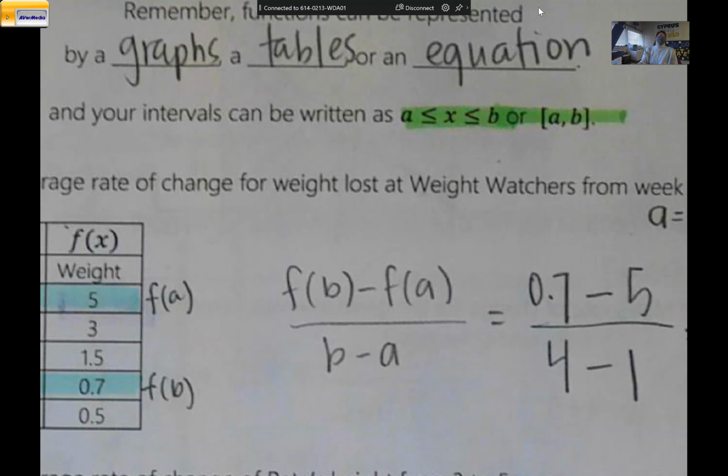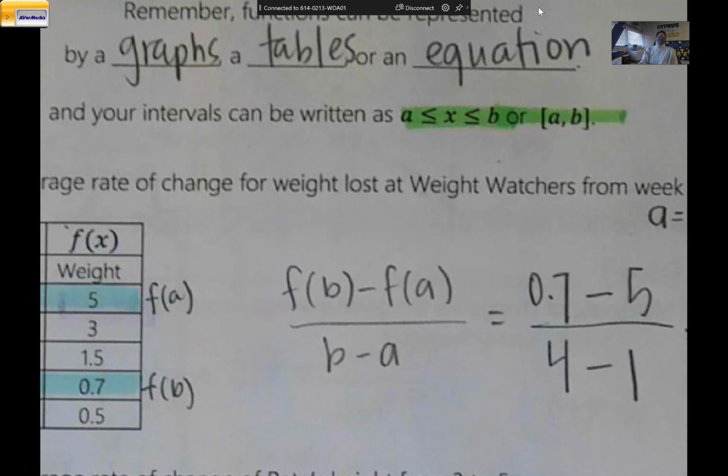So what this table is telling you is that this is A, this is B, because remember, those are always the x values. Well, if this is A, then 5 has to be f of A. And if this is B, then 0.7 has to be f of B.